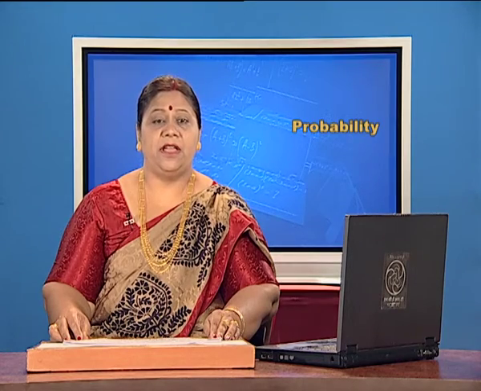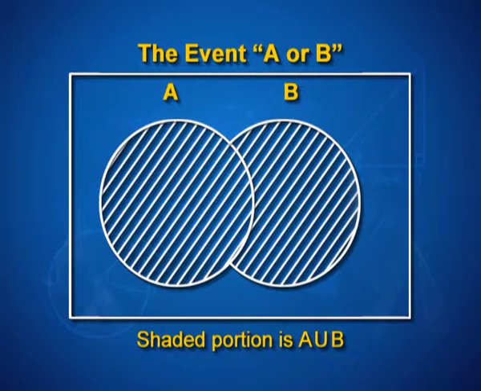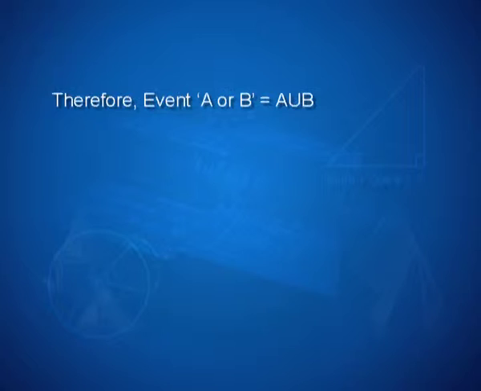The event A union B is also called A or B. It is clear from the picture here, the event A or B, the shaded portion is A union B. Therefore, event A or B is equal to A union B is equal to omega such that omega belongs to A or omega belongs to B.